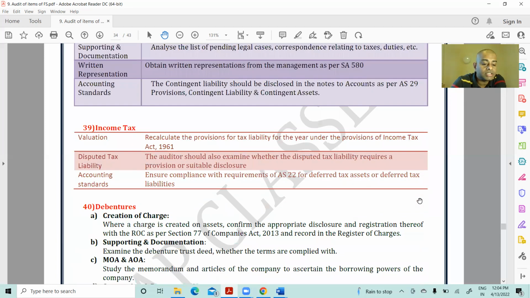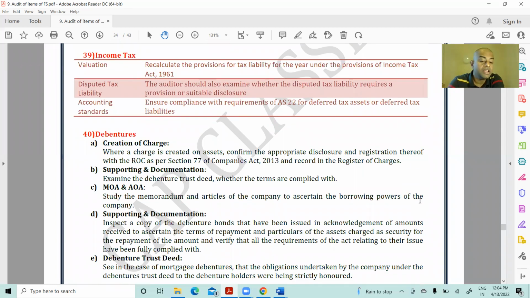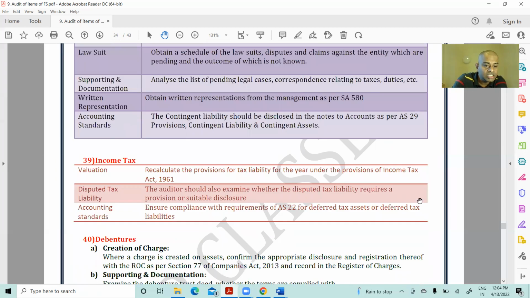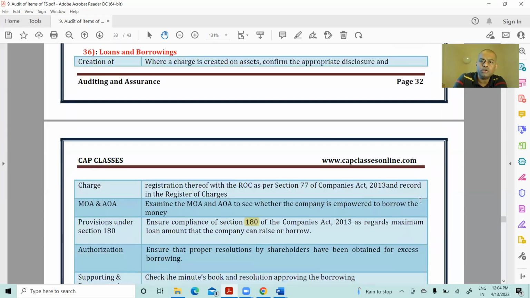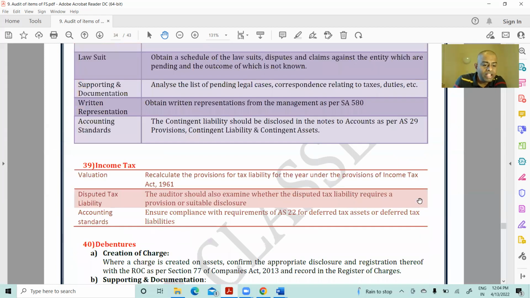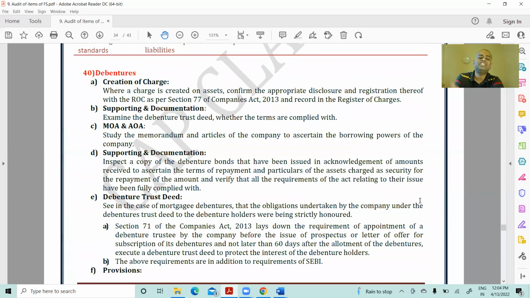Then income tax. Okay, when you understand, in the above para, I have clearly explained all the loans and borrowings. Now when you are verifying debentures, again the same thing will come. Creation of charge, already completed. Supporting documents, already completed. Memorandum of association, articles of association, already completed.